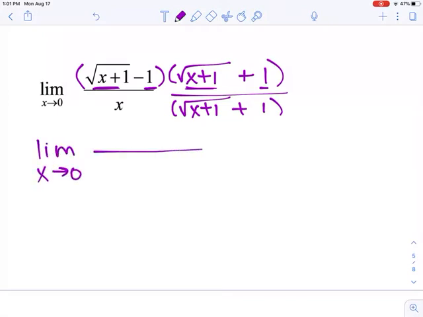Okay, well, this seems like a mess. Mrs. Homan, where's this going? When we take our numerator, which is a difference of squares, we get a squared, so radical x plus 1 squared, minus b squared.